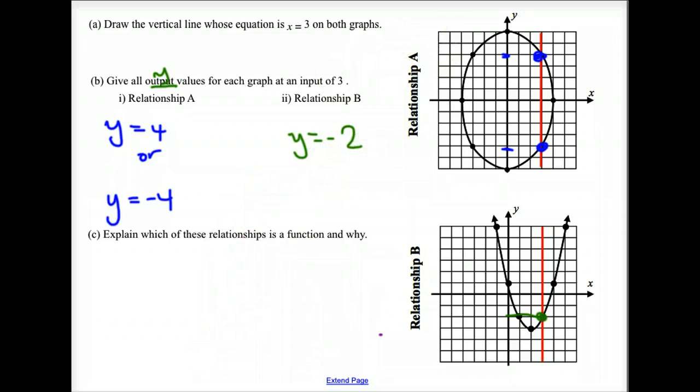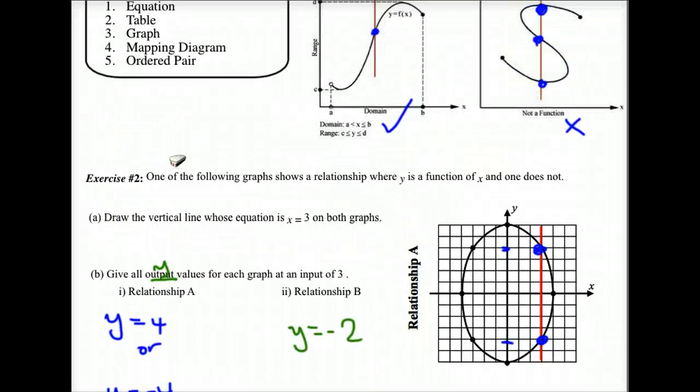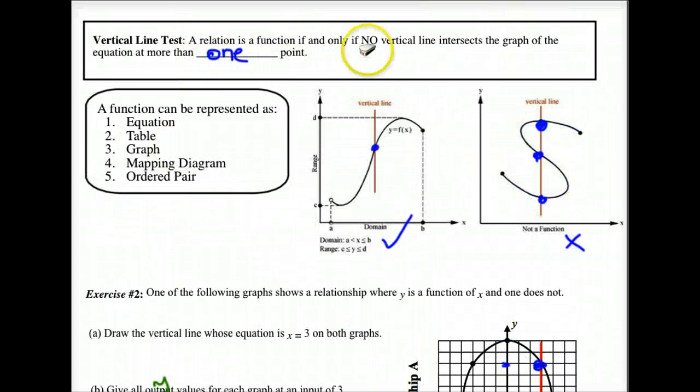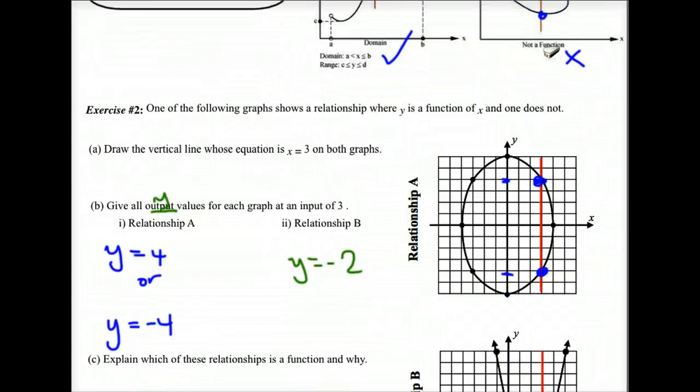So the question says now, explain which of these relations is a function. By definition, it says a relation is a function if and only if no vertical line intersects the graph at more than one point.